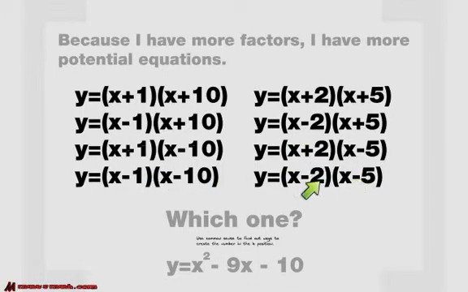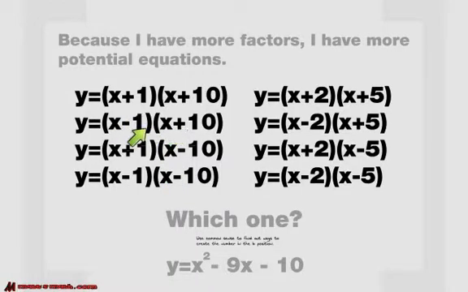Okay, so that's what you're looking at. Here you've got a 5 and a 2. Well, can I combine the negative 2 and the negative 5, or a positive 2 and a negative 5, to get a 9? Well, I can't. But if I come over here, a 1 and a 10, that's 11. A negative 1 and a 10, ooh, that's 9. What about a plus 1 minus 10? That's negative 9. And a negative 1 and a negative 10 is negative 11.